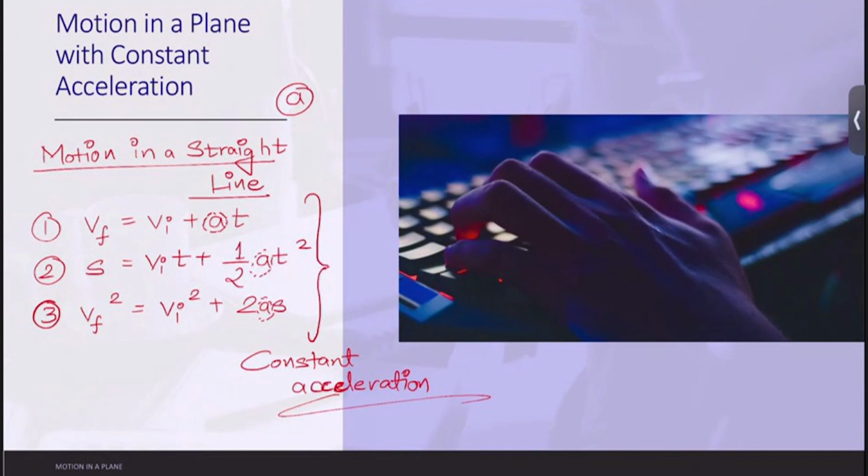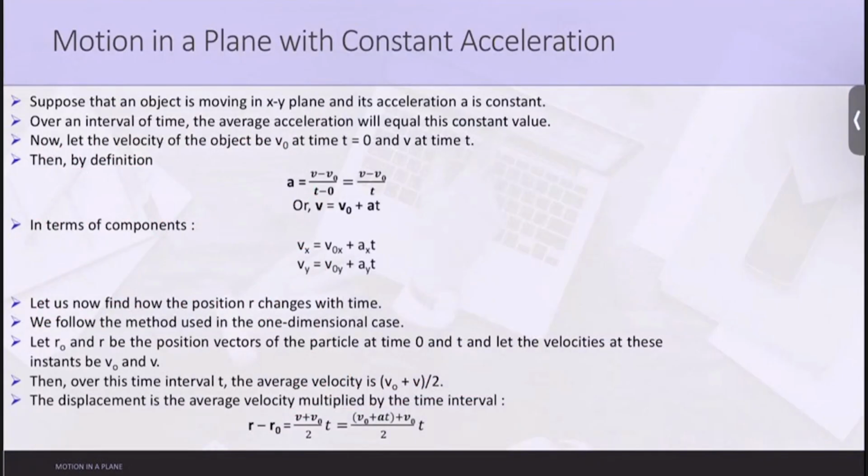Let us now understand a new subtopic, that is motion in a plane with constant acceleration. Suppose that an object is moving in the xy plane and its acceleration is constant. Over an interval of time, the average acceleration will be equal to this constant value.